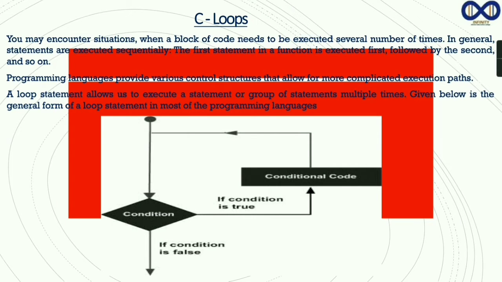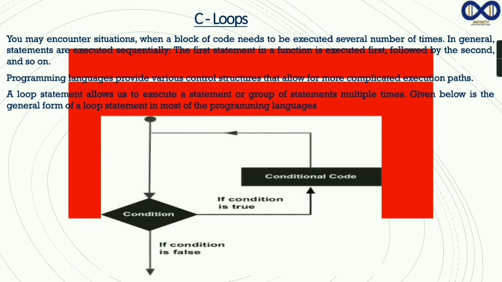So here, C loops. You may encounter situations when a block of code needs to be executed several number of times. In general, statements are executed sequentially. The first statement in a function is executed first, followed by the second, and so on.